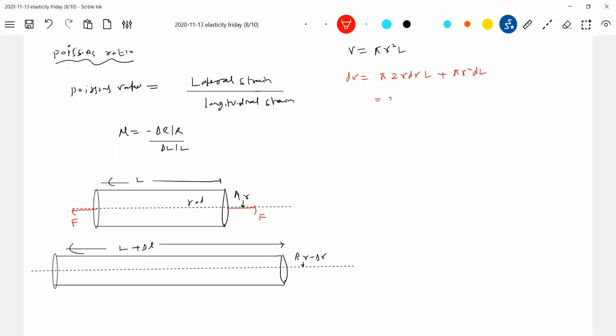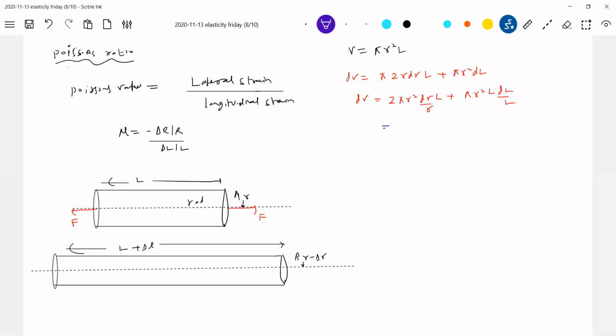Let me adjust this to pi R square dR by R into L, plus pi R square dL. Pi R square L, let me take common. So here I'll adjust one L. Agreed?